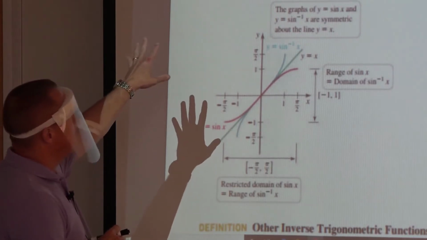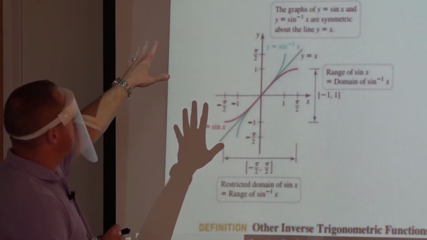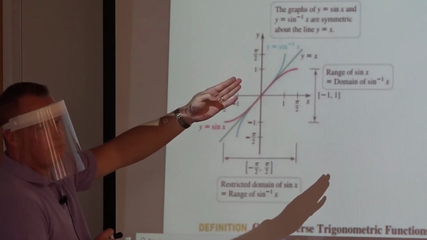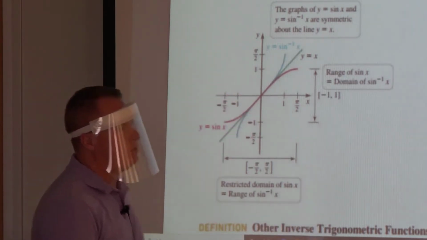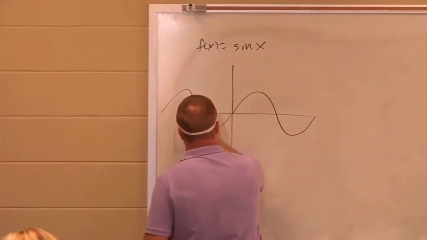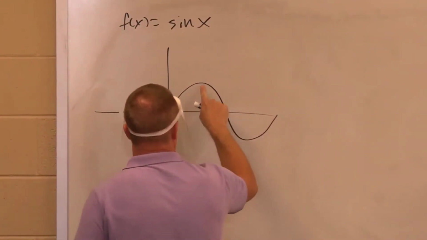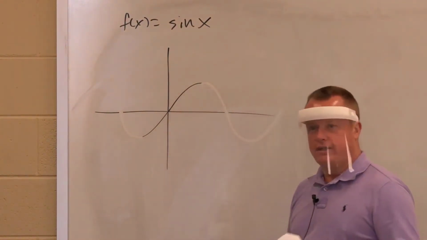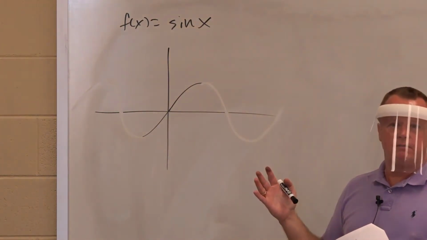For sine, the domain is restricted from negative pi over 2 to pi over 2. So it takes the graph really only from here to here, and then we do the inverse of that part, and that's it.